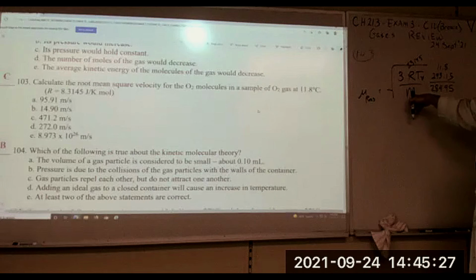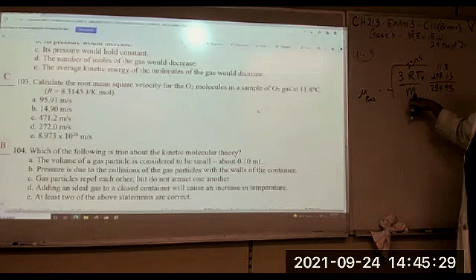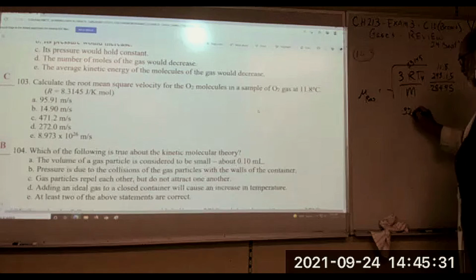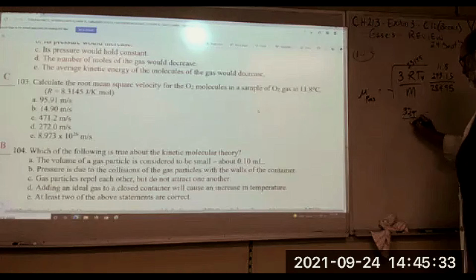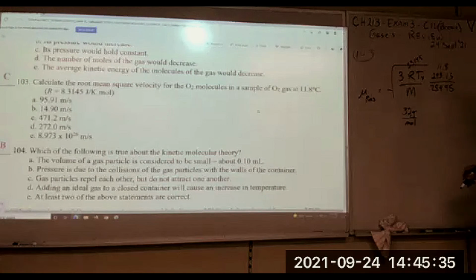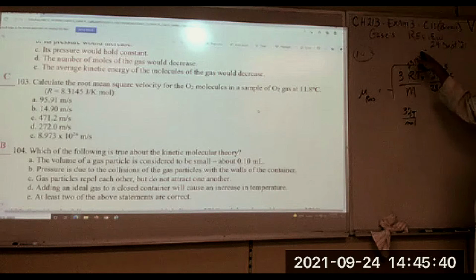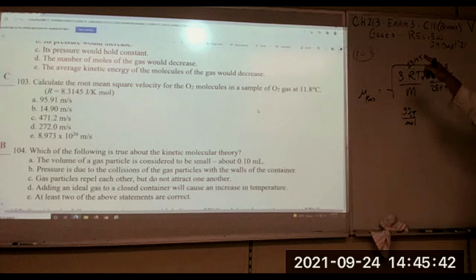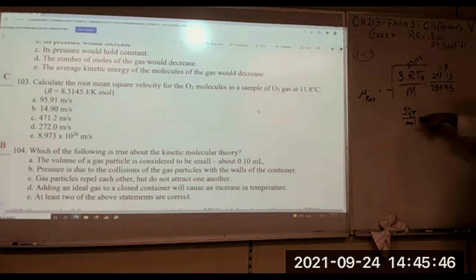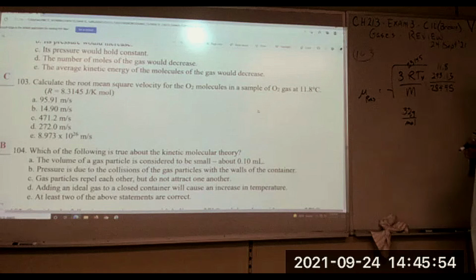What's the molar mass of oxygen? Well, it's 32 grams per mole. But this one has buried within it kilograms because of the energy, kilogram meter squared per second squared. So this has to be converted to kilograms. So how do you make kilograms out of grams? Well, what's the relationship?